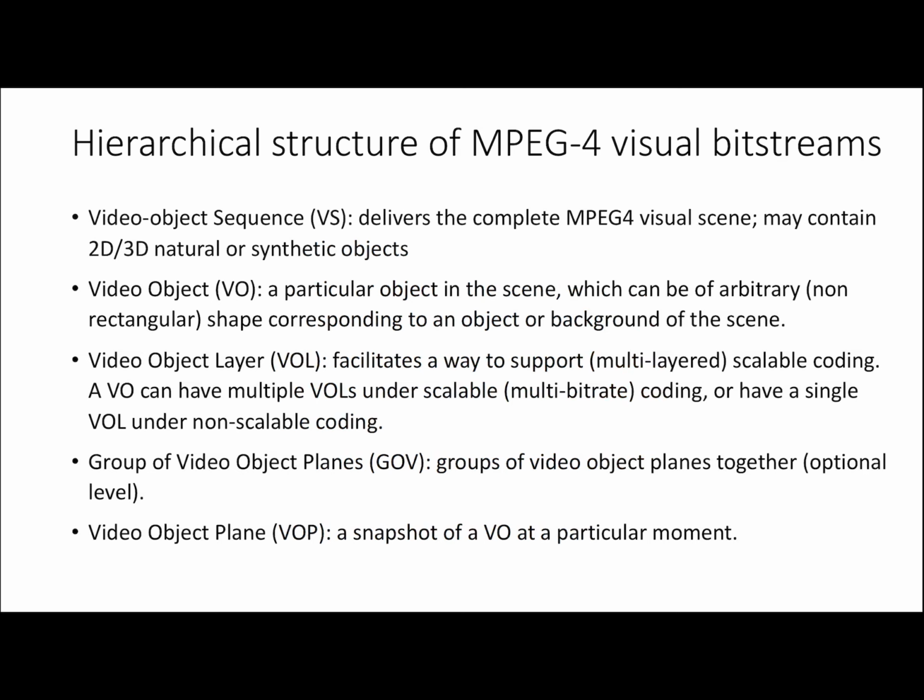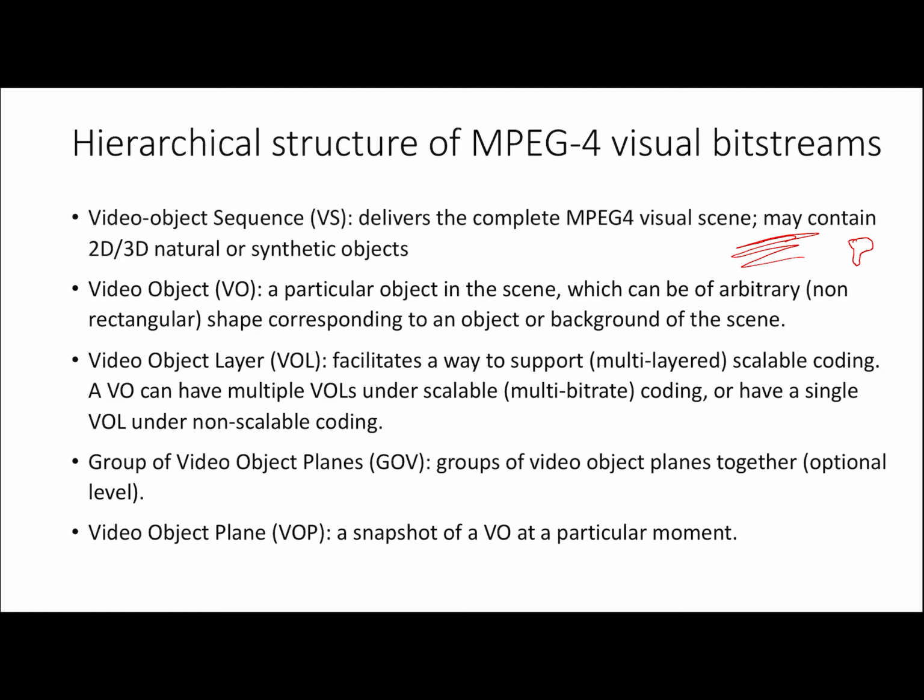Each video object will have one or more video object layers, and so on. This video object sequence is nothing but the video where each frame is composed of various objects. So this video object scene delivers the complete MPEG visual scene, and it may contain 2D or 3D natural or synthetic objects.